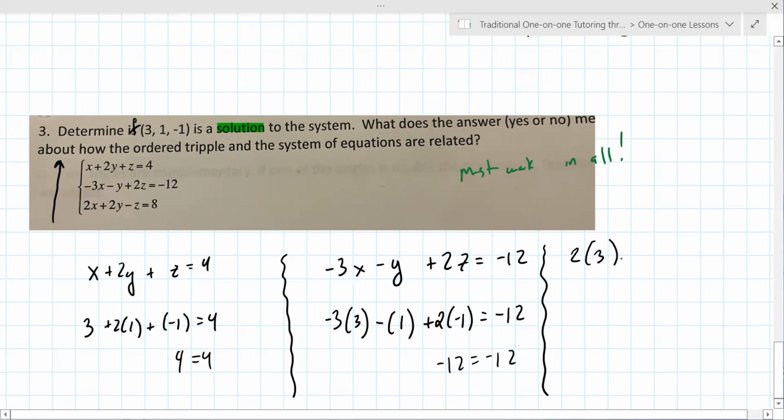2 times 3 plus 2 times 1 minus -1. Does that equal 8?